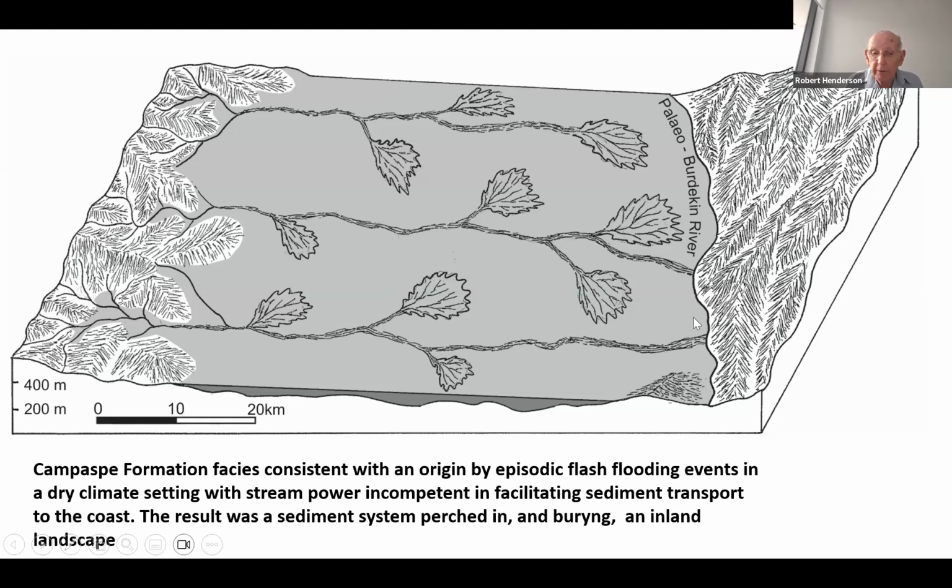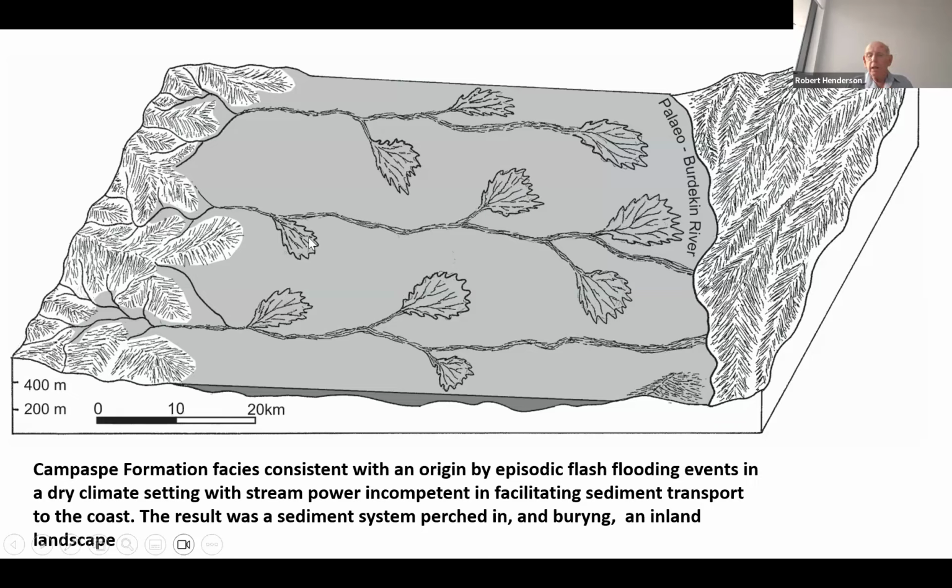I guess some of the flow made it to the Burdekin, but it's quite clear that a lot of the flow in the landscape never made it to the Burdekin system, never got to the coast. It actually got stranded in the landscape in these distributary delta systems you can see here, and that is what formed the Campaspe system.